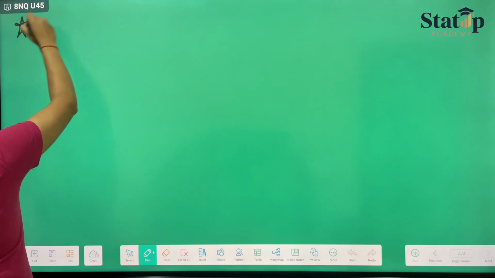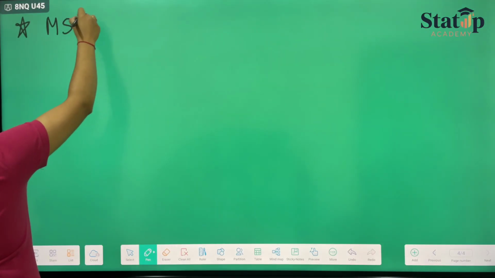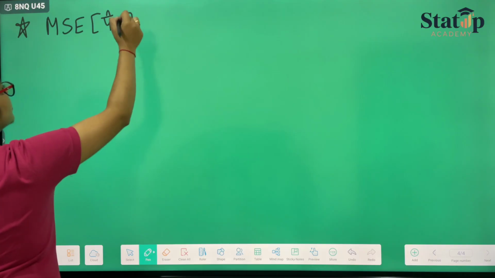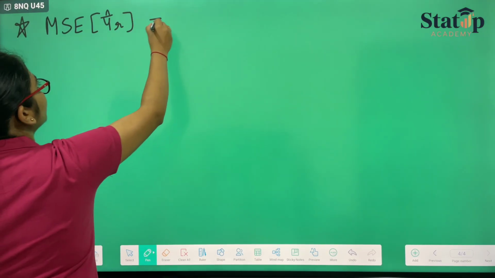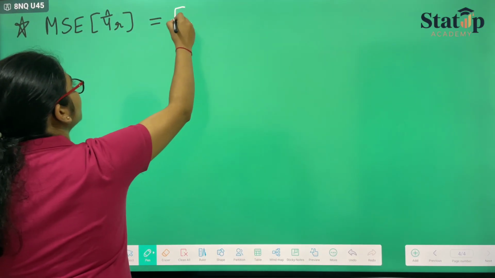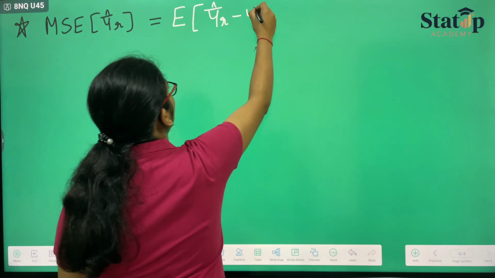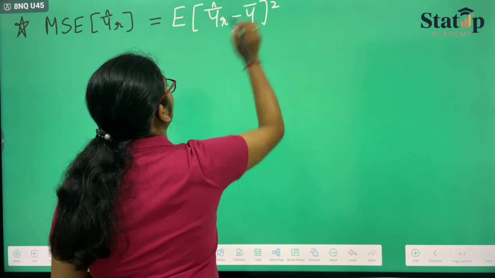So finding the MSE of the regression estimator. This will be nothing but equal to the expectation of the mean of the regression estimator minus Y bar whole square.